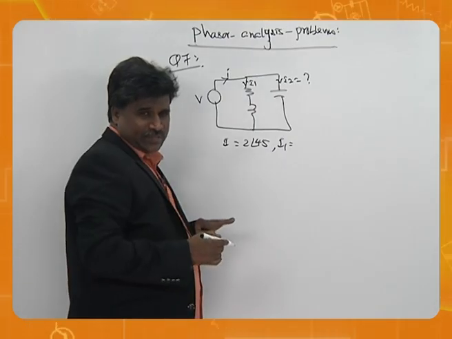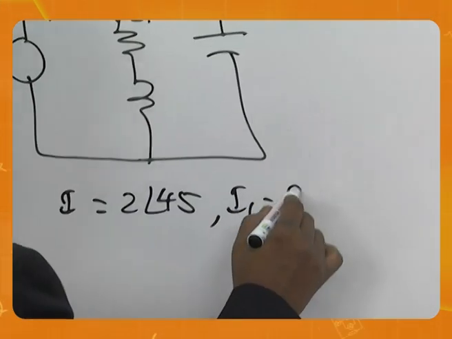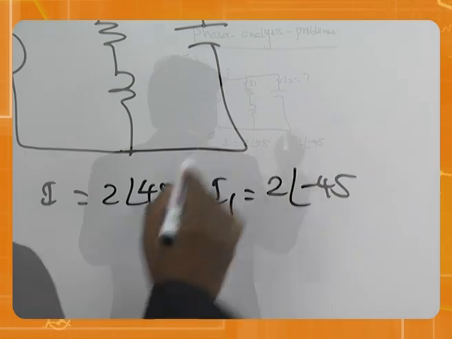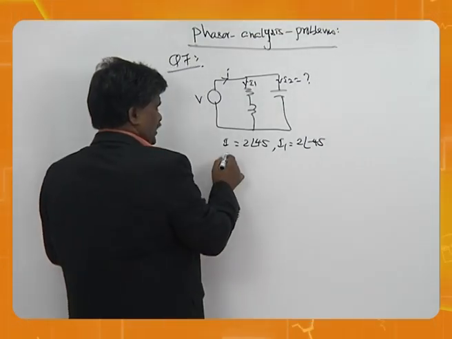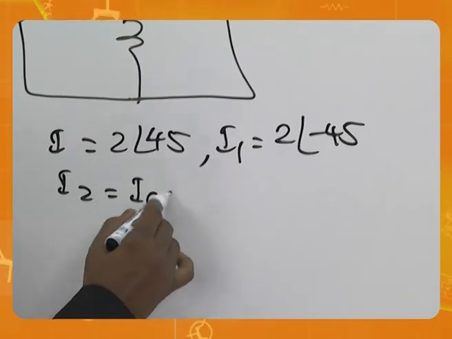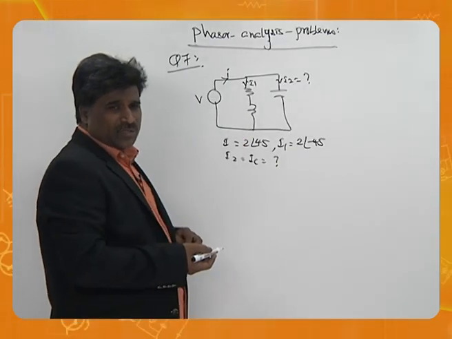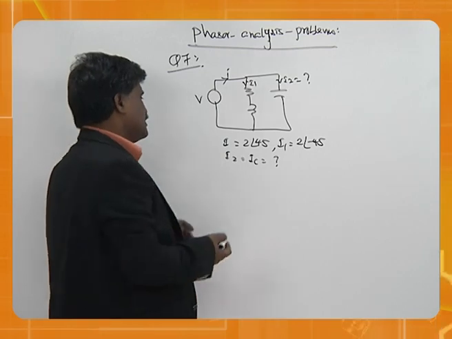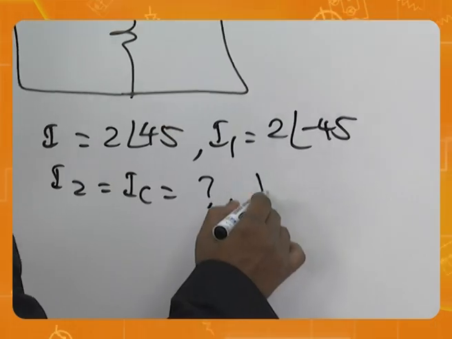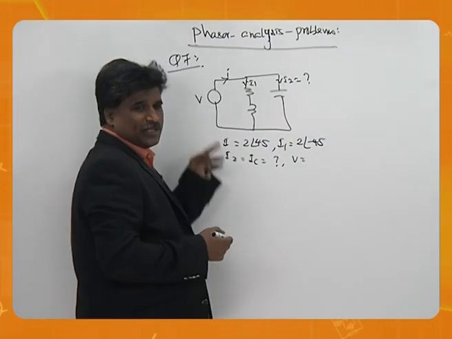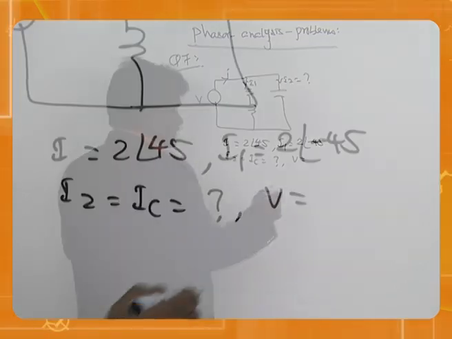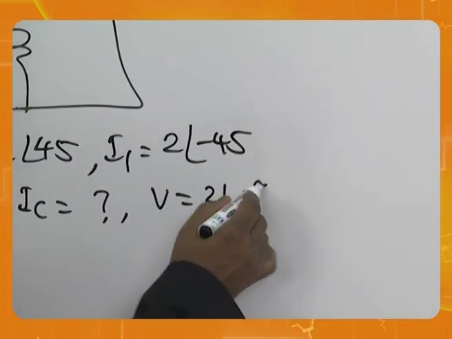I1 is given as 2 angle minus 45. And what is he asking? I2 or IC. The current in the capacitor is called I2 or IC. And he has given V also, the voltage here. Voltage given is 2 angle 0.